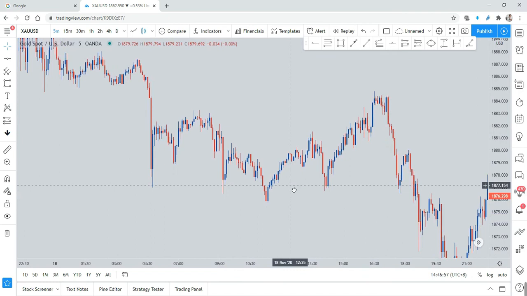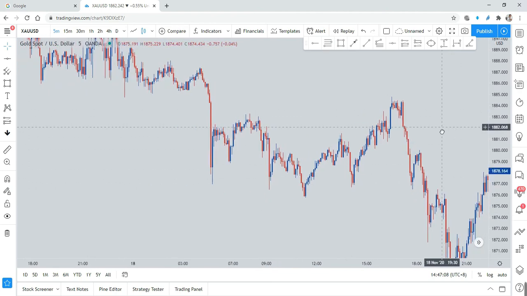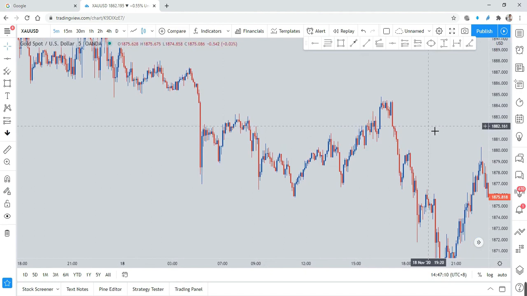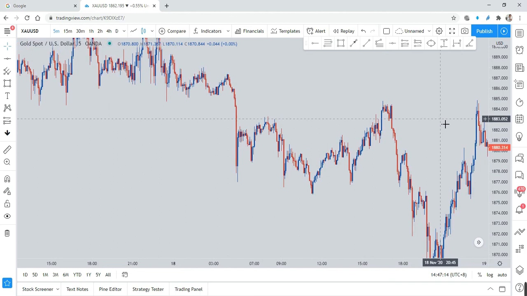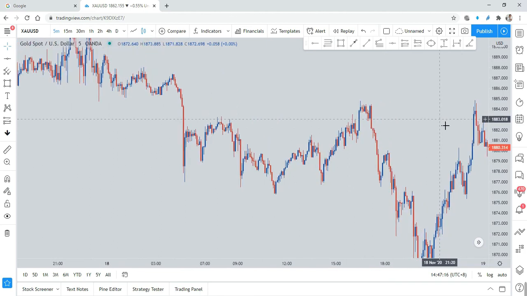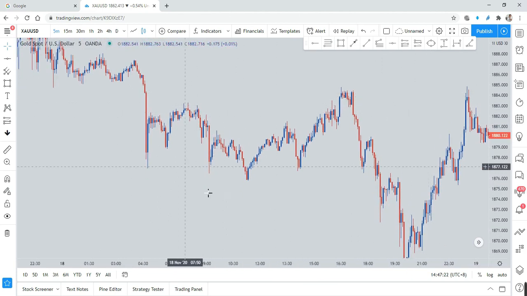Usually my trades will be around 2 to 3 stop losses, and then one very big take profit. That's why I'm always in a profitable condition, even though my win rate is not really that high, around 50 to 60%. But I always control my risk. So this is how I approach this trade.